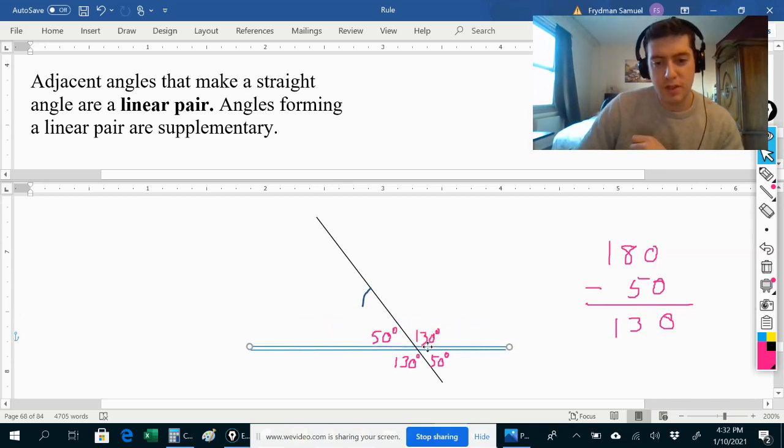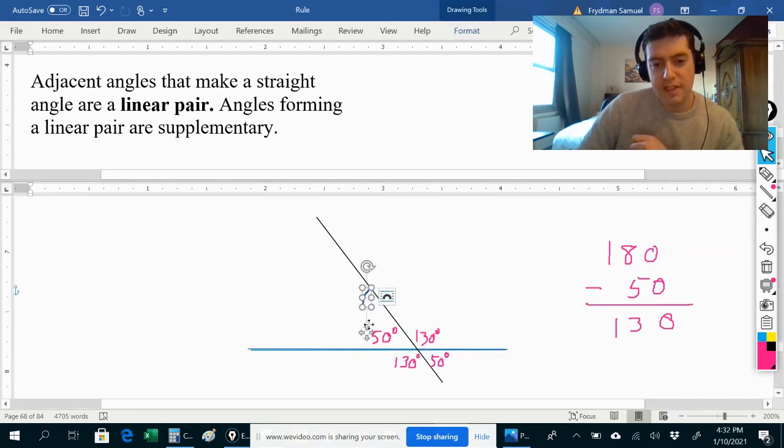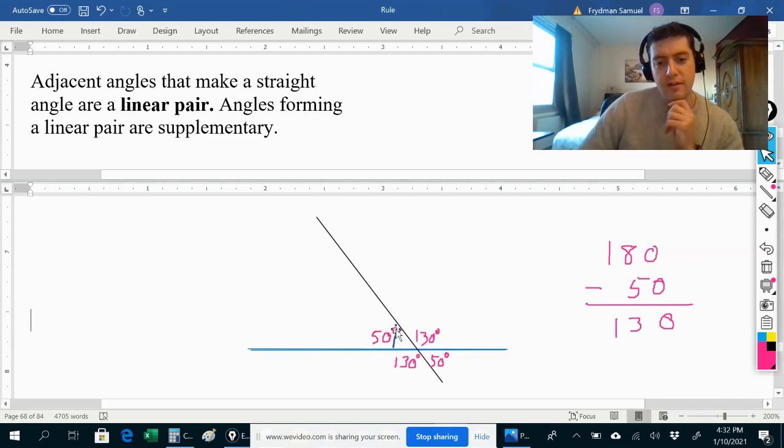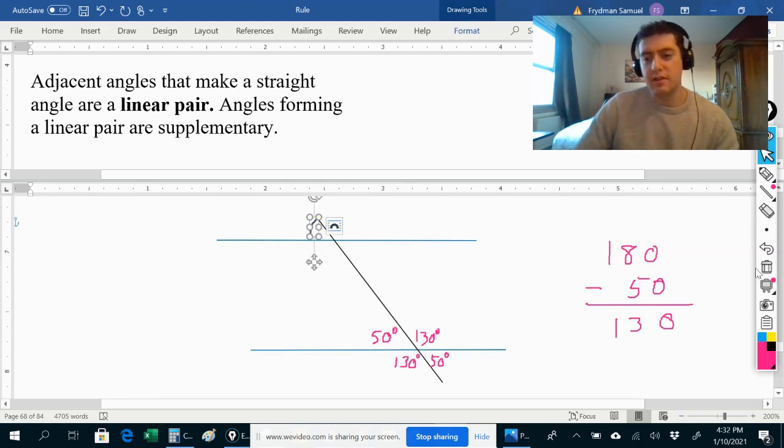You probably know I'm just going to make this line overlap with this one, and then you can see that this angle, which I had all the way back over here, remember that? It must be equal to this angle, which I had down here. So this angle up here must be 50 degrees, just like this one.